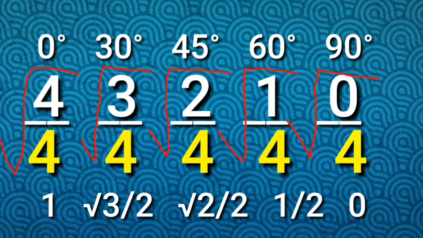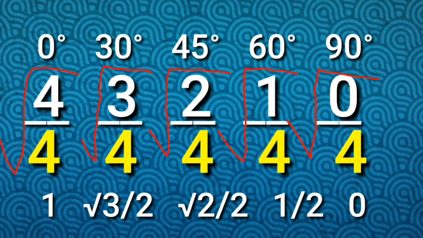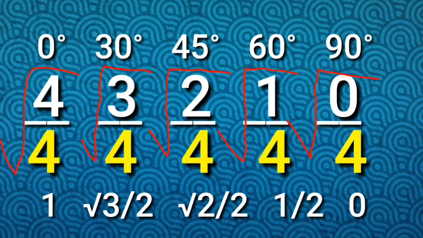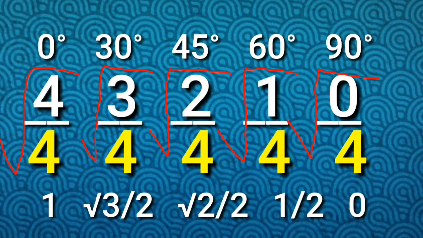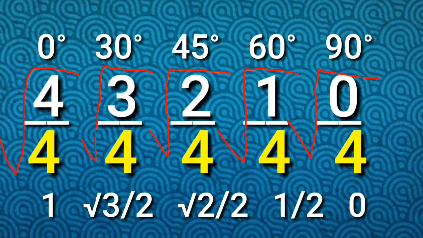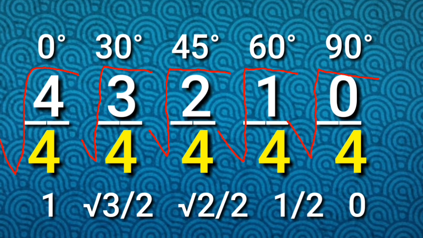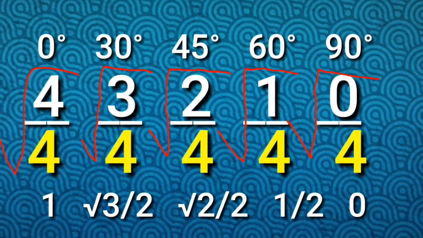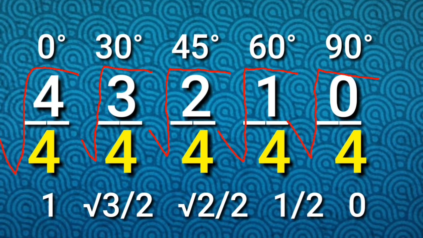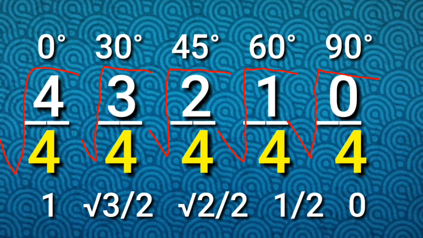Wow, it is the exact value of this. The special angles and their values are parallel to each other. Don't forget, for sine, left to right. On the other hand, for cosine, right to left.